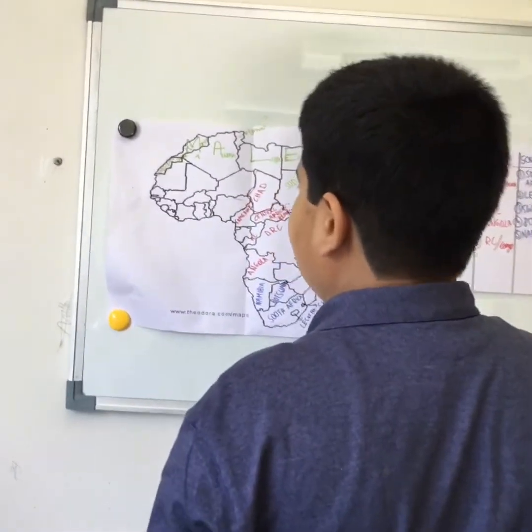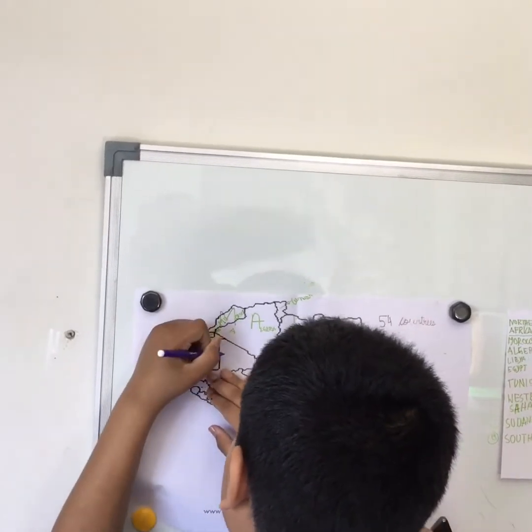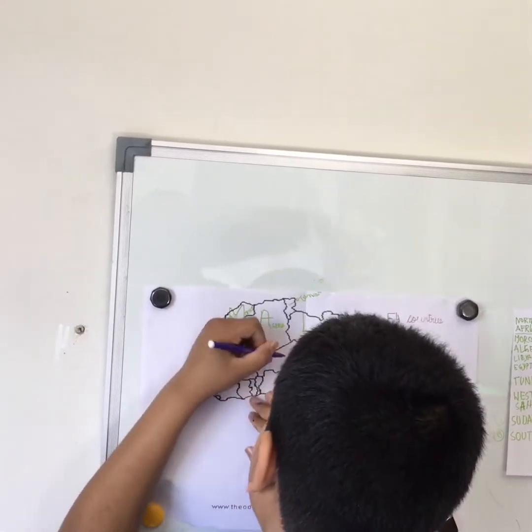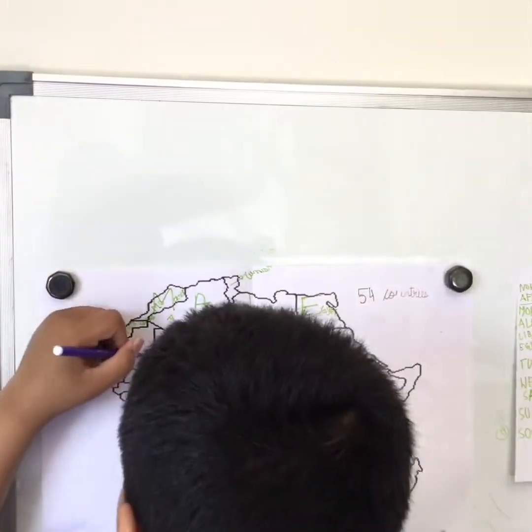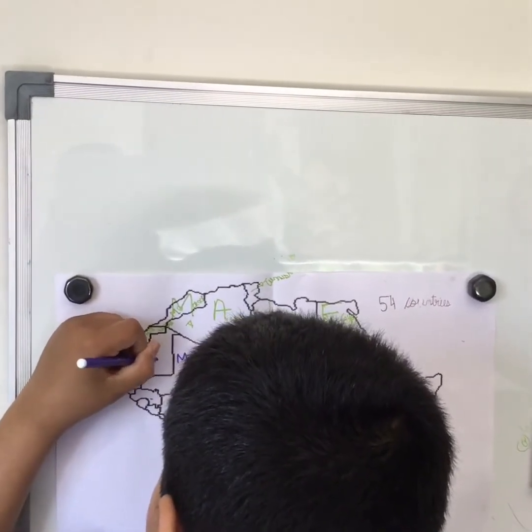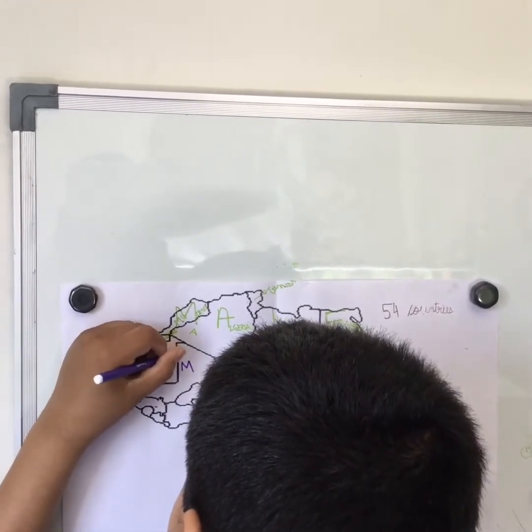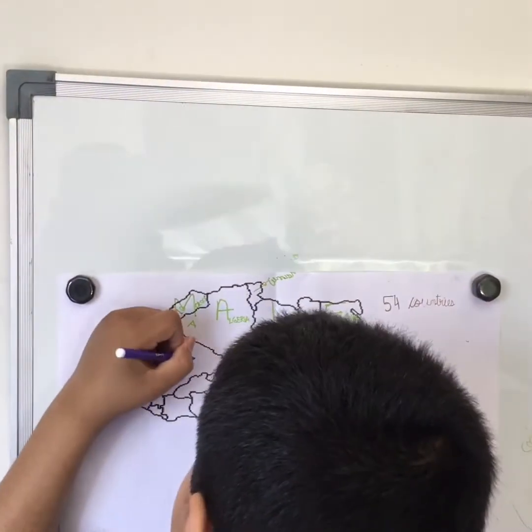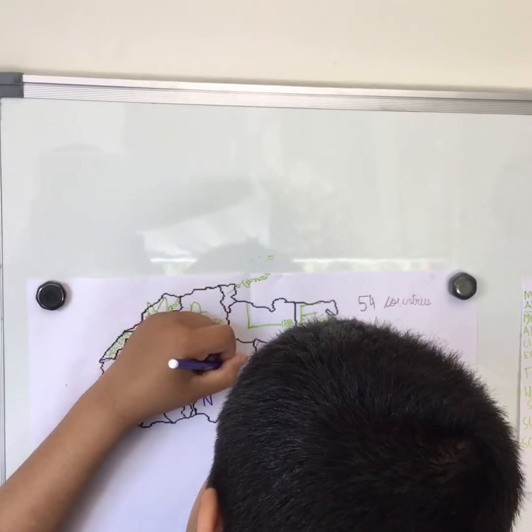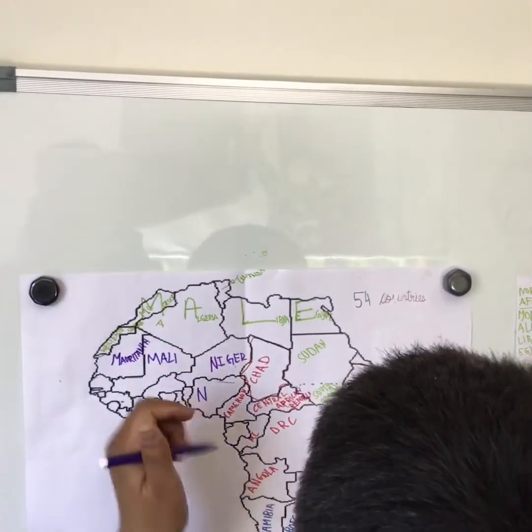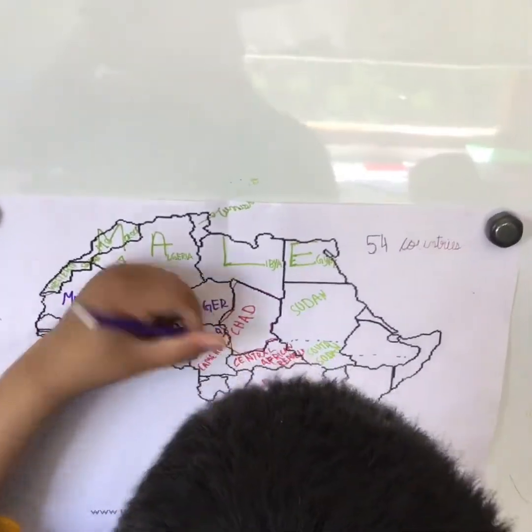In the western region, we can learn the first four countries, which are M, M, N, N. So in this, the first M is Mauritania, the second M is Mali, the first N is Niger, and just below Niger is Nigeria. So from that you can learn: below Niger, Nigeria.